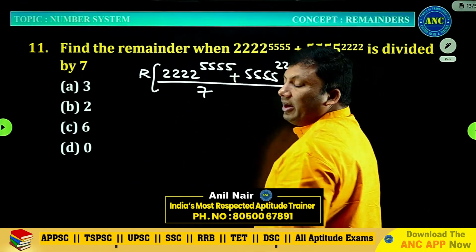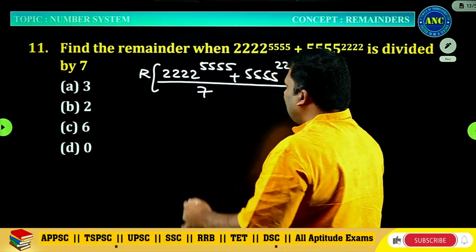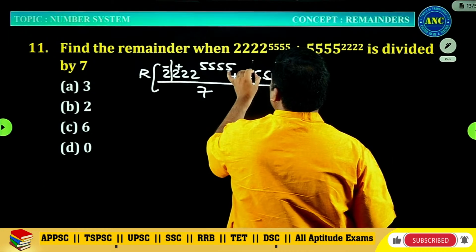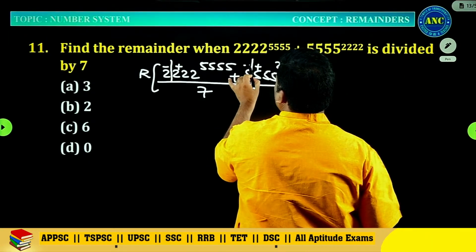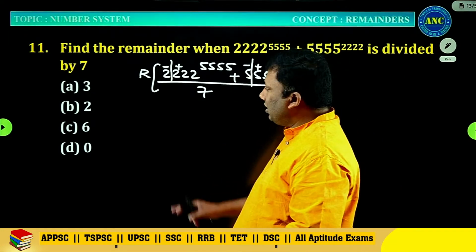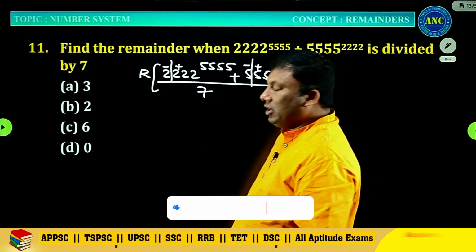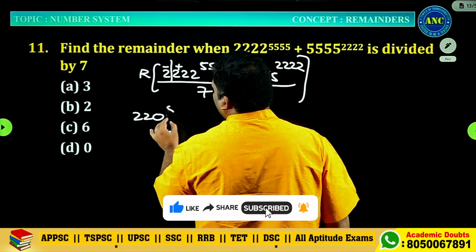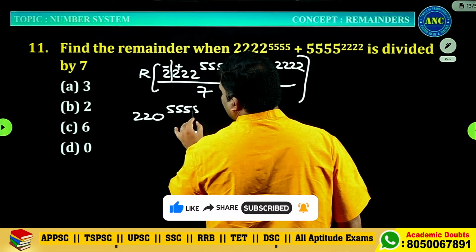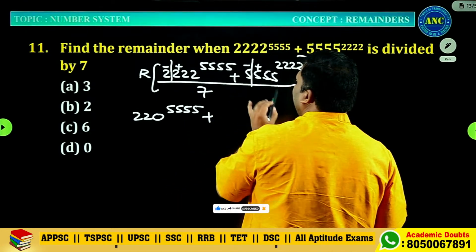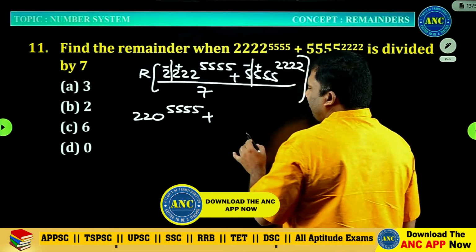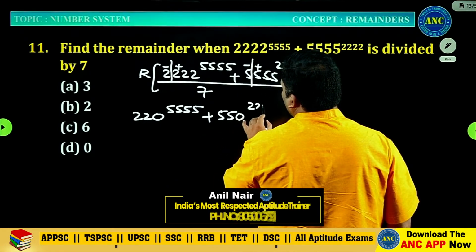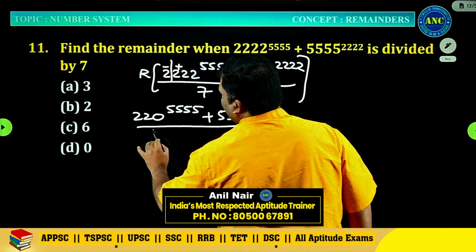Divided by 7. Take a group of 3 digits, alternately plus minus. 222 minus 2, 220. So 220 power 55555 plus 555 minus 5, 550 power 22222, divided by 7.